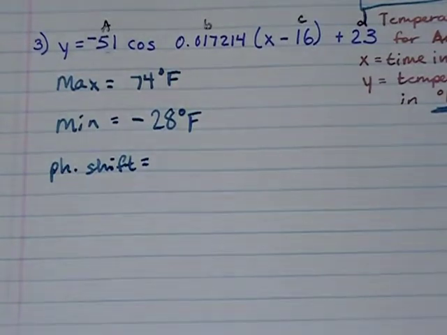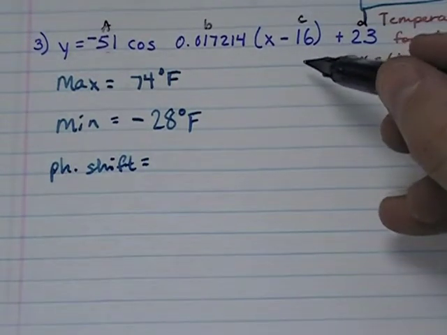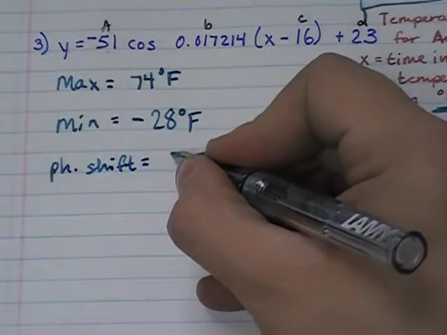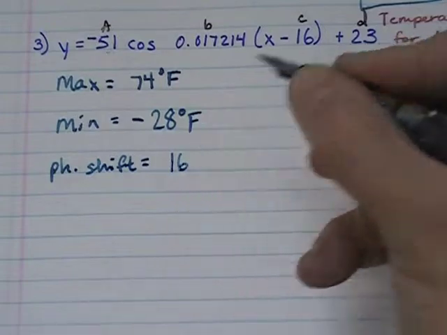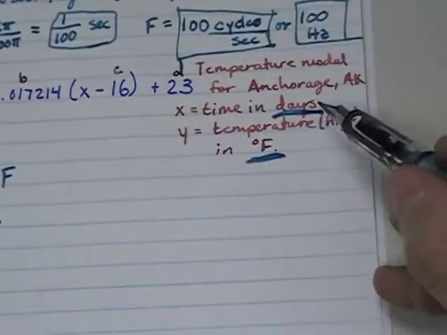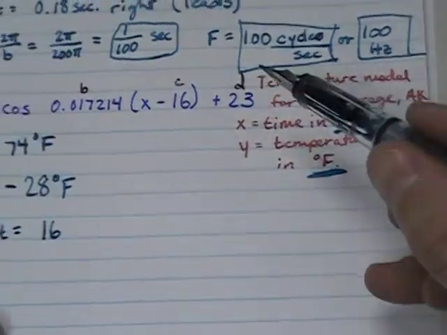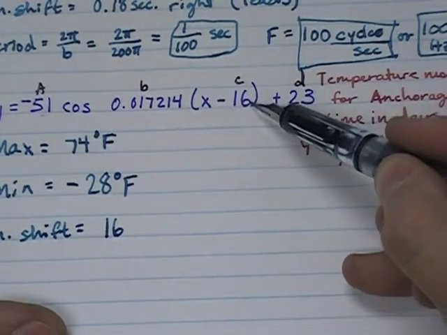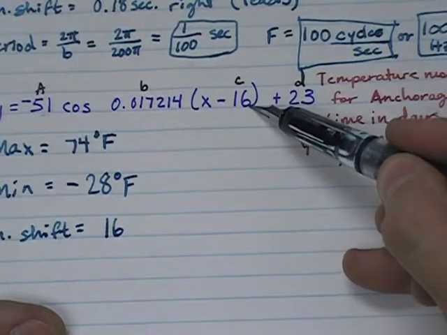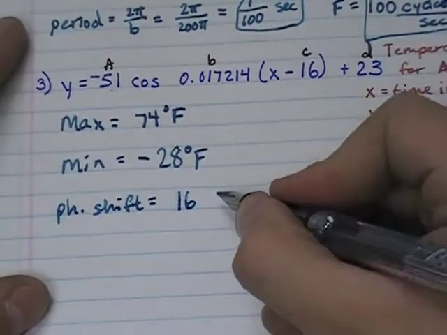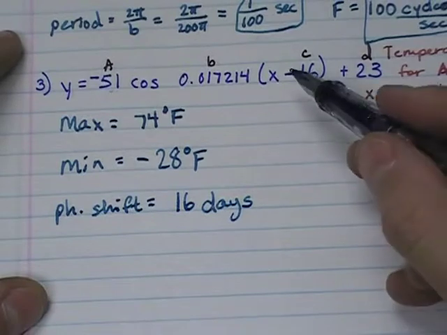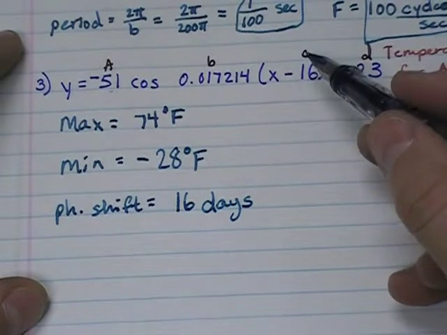And the C term for this would be negative 16. Only this time, you have to pay attention. Time is in days. So X is in days. If this is in days, this also has to be in days. So this is 16 days, and it's negative. So it's minus 16.